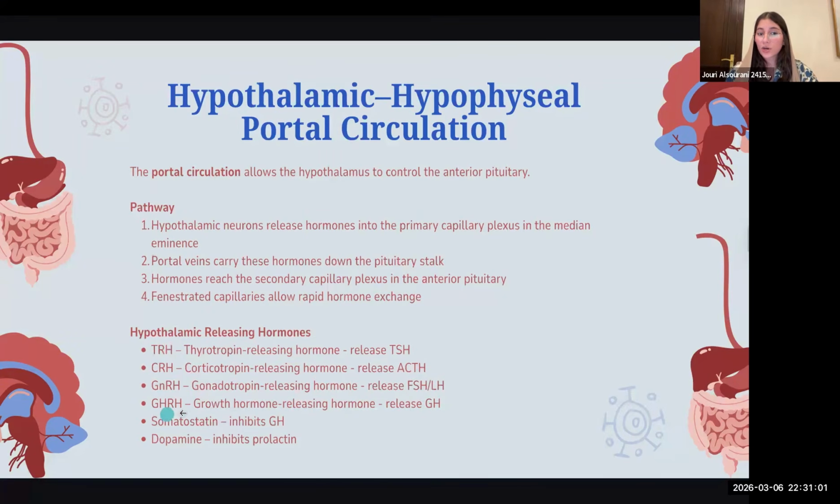And GHRH, growth hormone releasing hormone, will release GH. And then these last two, somatostatin and dopamine, they are inhibitory. You can see all of these are releasing, but these two are inhibitory. So somatostatin is mainly going to be inhibiting growth hormone, and dopamine is going to be inhibiting prolactin.